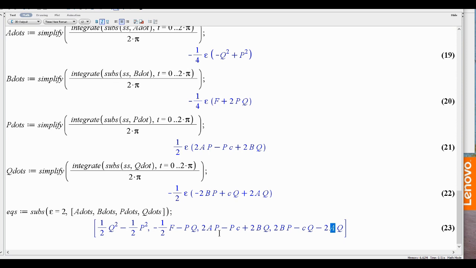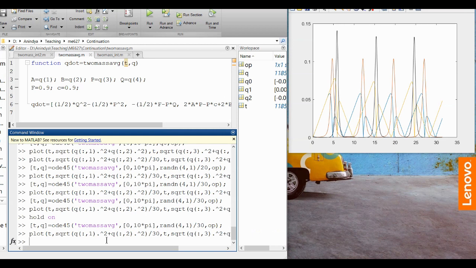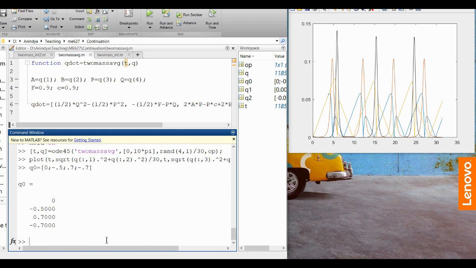Why? Because A is 0, P is the opposite of Q in sign, P goes to the other side, that's plus but same magnitude, and then B becomes half if C is about 1. So when I come back here, I can try an initial condition of the form 0, minus 0.5, 0.7, minus 0.7. Okay, let me try that initial condition.